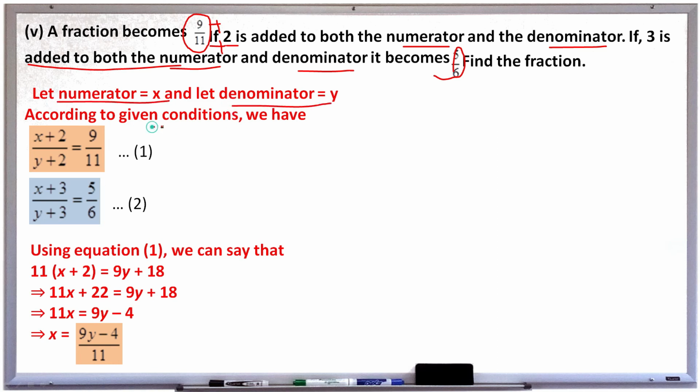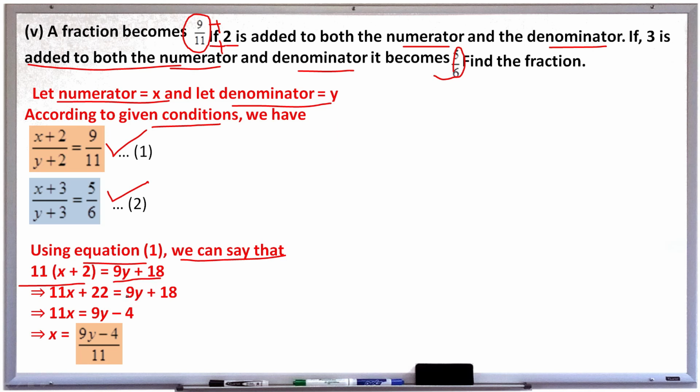According to the condition, x plus 2 by y plus 2 is equal to 9 by 11. This is the first condition given in the question. The second condition is x plus 3 by y plus 3 is equal to 5 by 6. Using equation number 1, we can say that 11 into x plus 2 is equal to 9y plus 18.